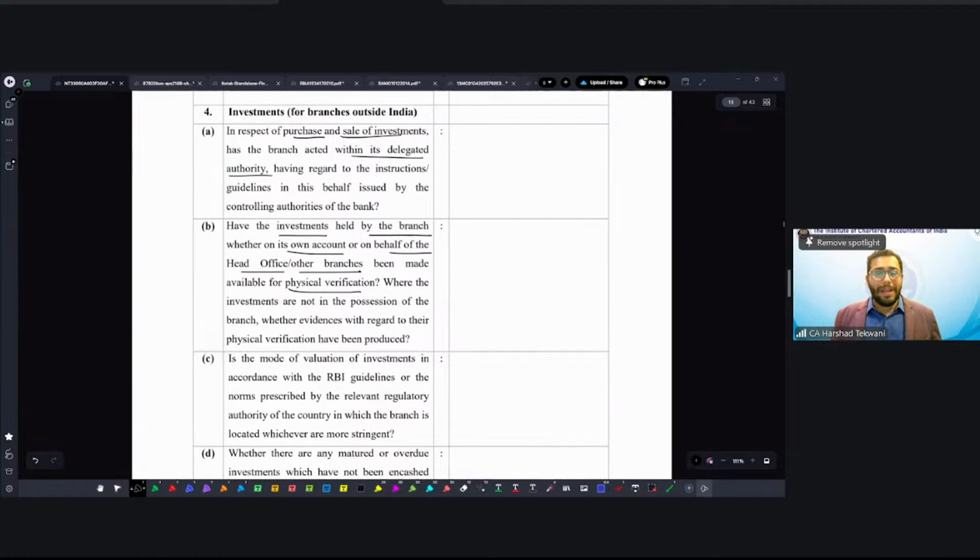So there is an e-Kuber system for government securities. Basically, banks are allowed to hold government securities. They are not allowed to invest in other securities, subject to certain terms and conditions. But in government securities also, is there any centralized place?